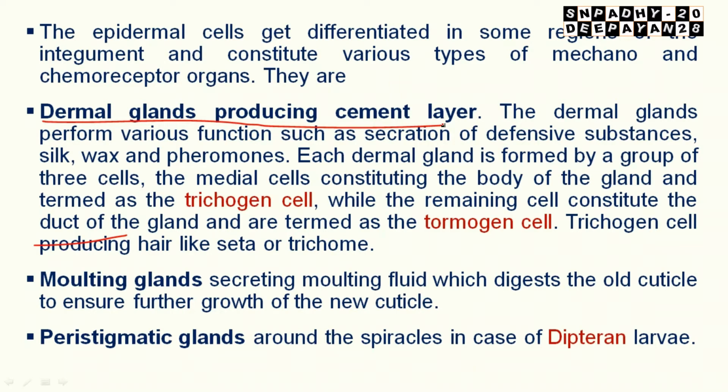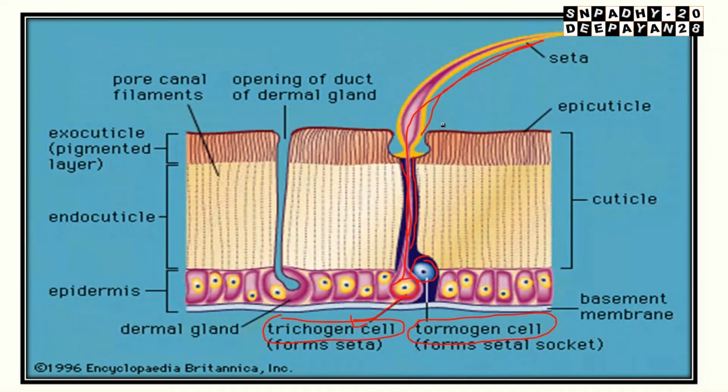They secrete molting fluid which helps in digestion of the old cuticle. Peristigmatic glands are present in case of immature dipterans. Where are they present? Around the respiratory outlet, which is called what? Spiracles. So this much you have to understand in case of this whole of our epidermis. Understood? So now you see the picture properly.